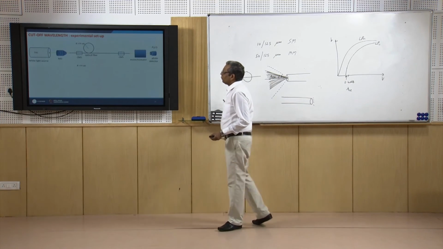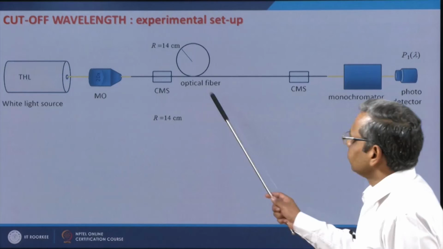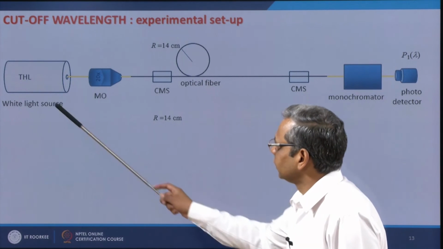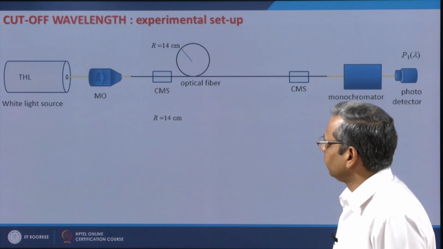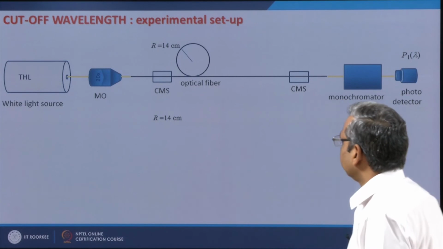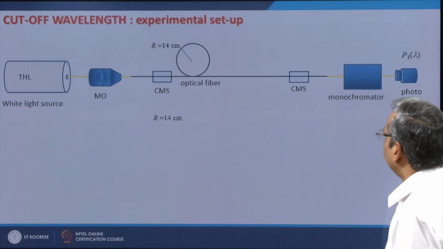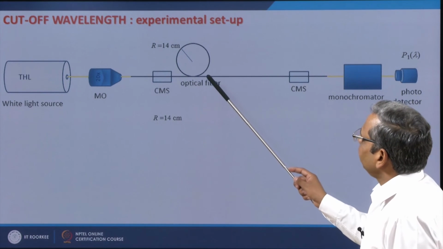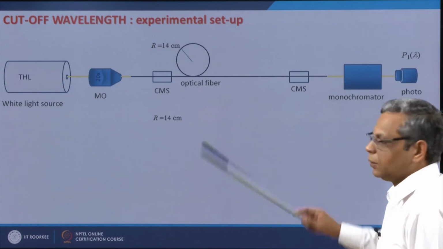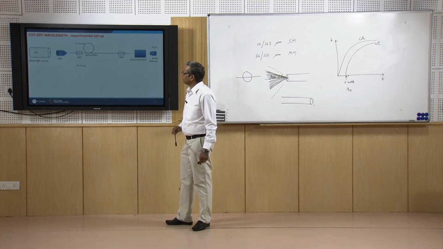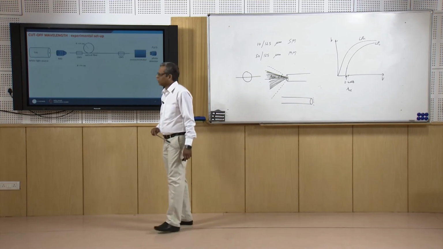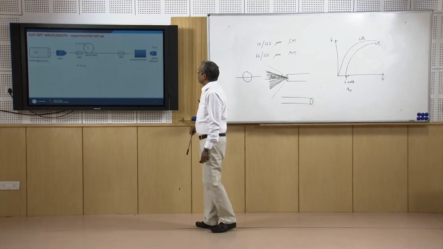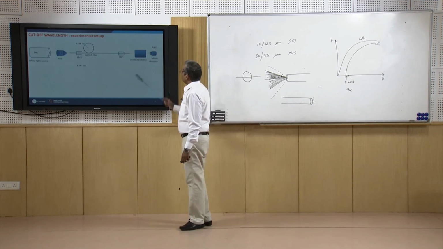So, how do we now find out the cutoff wavelength? I make an experiment like this. I launch light into the single mode fiber using a white light source, which is a tungsten halogen lamp again, using a microscope objective. I strip off the cladding modes, and then I make a big loop of 14 centimeter radius, which does not cause large bending loss, and then I measure the power here at a certain wavelength.